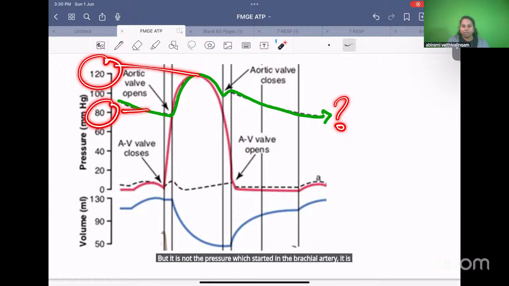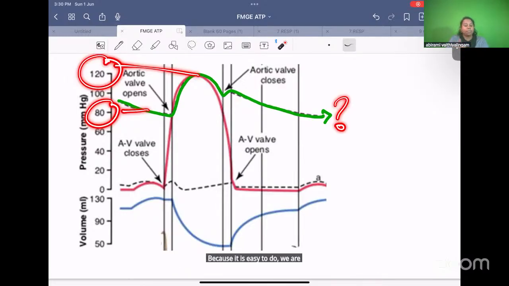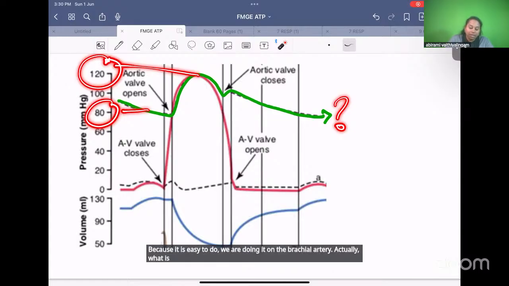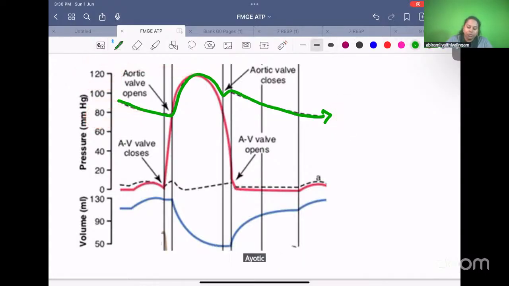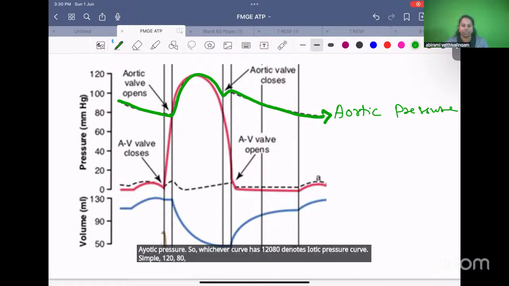It is the pressure which started in the heart, in the first blood vessel from the heart, the aorta. The aorta had this 120/80 that is transmitted to your brachial artery. Because it is easy to do, we do it on the brachial artery. Actually, 120/80 is aortic pressure. So whichever curve has 120/80 denotes the aortic pressure curve. Simple.